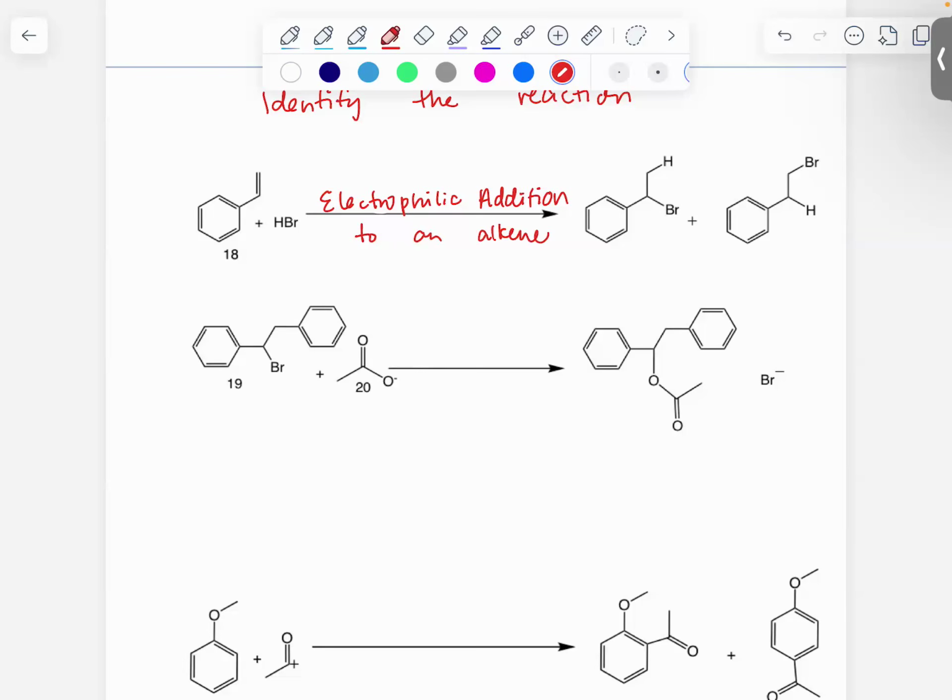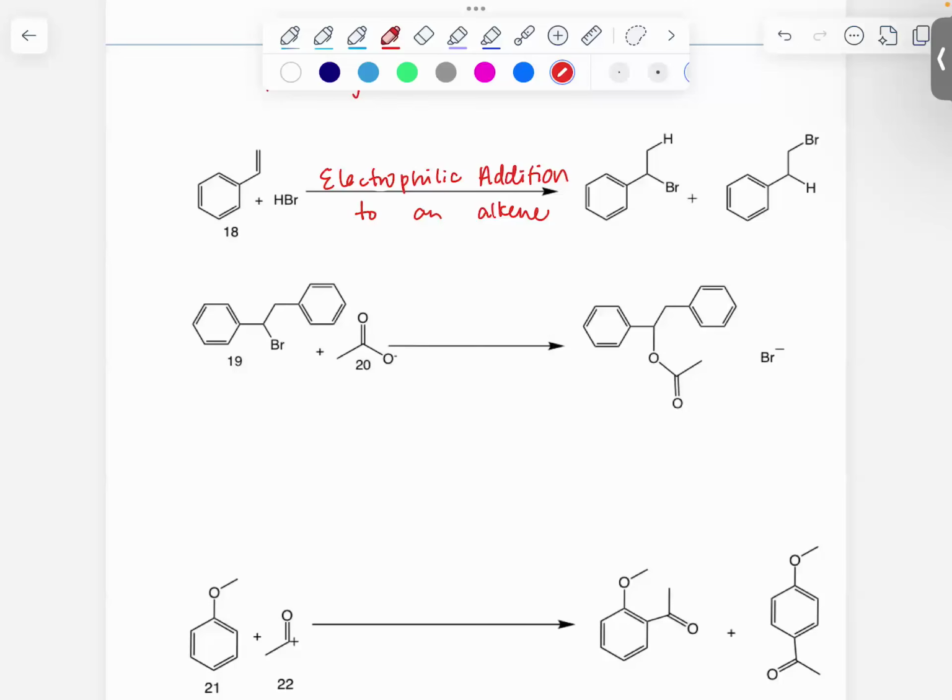So, what about this next one? What's going on there? Indicated by this right here.